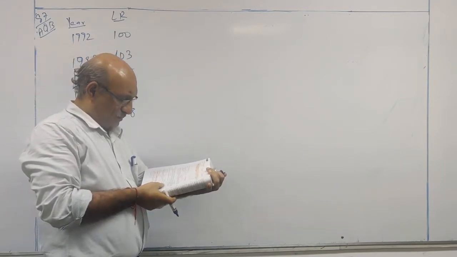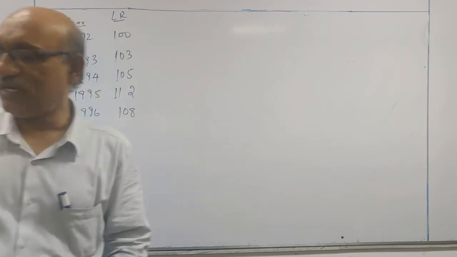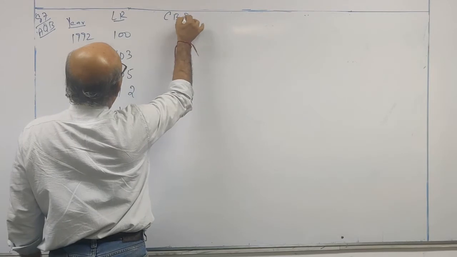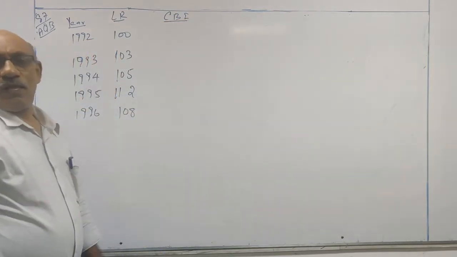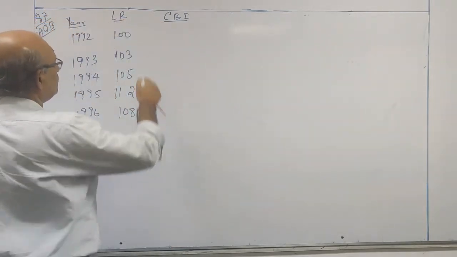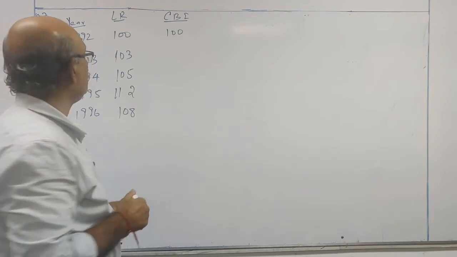Calculate chain base index numbers, CBI. We know the CBI for the first year is always taken as 100.